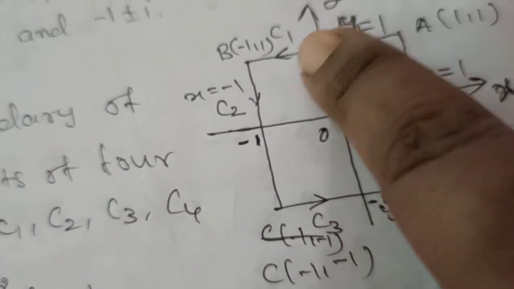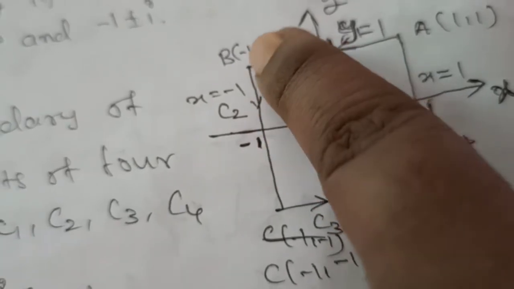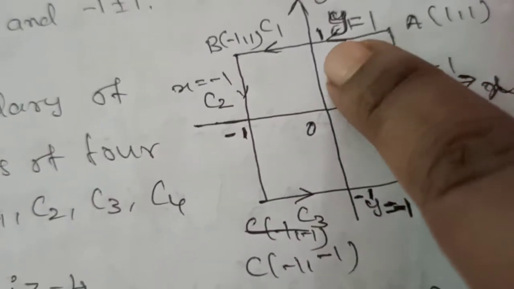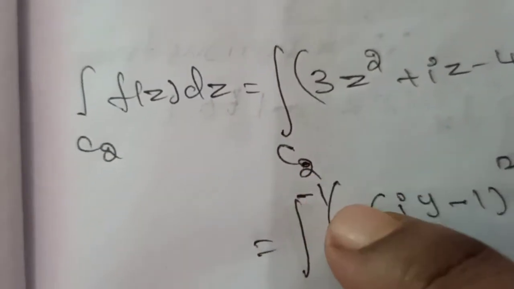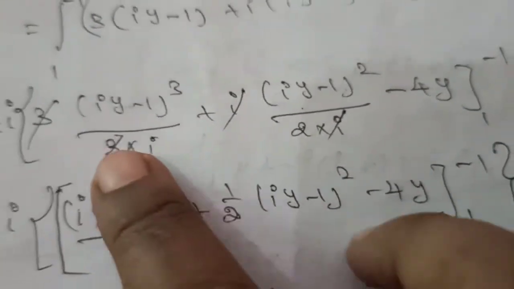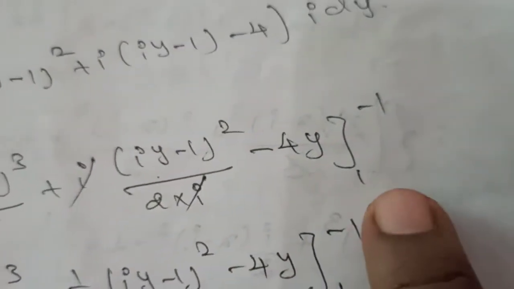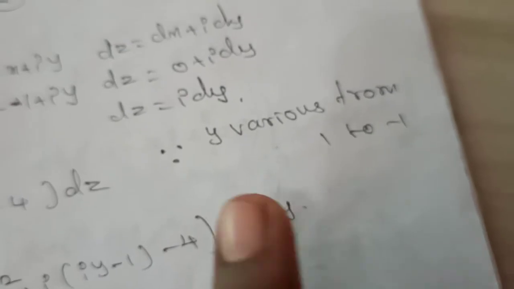The C2 arrow mark goes from B to C, that is y varies from 1 to minus 1. I substitute here the limits 1 to minus 1. The integration is already explained; you take the limits y varies from 1 to minus 1.